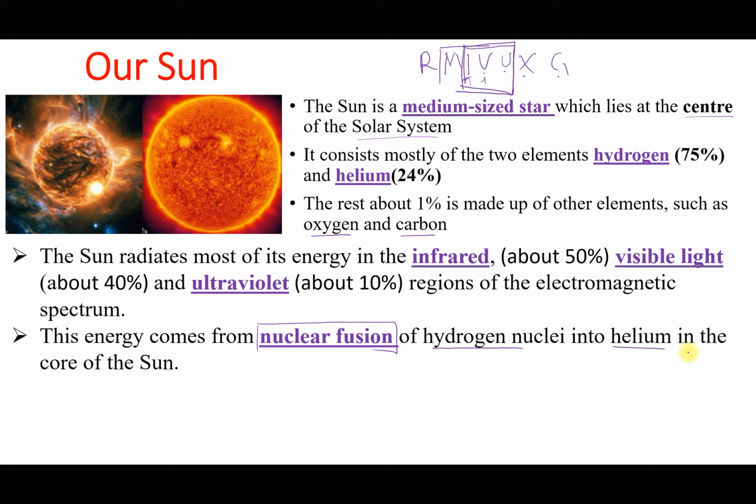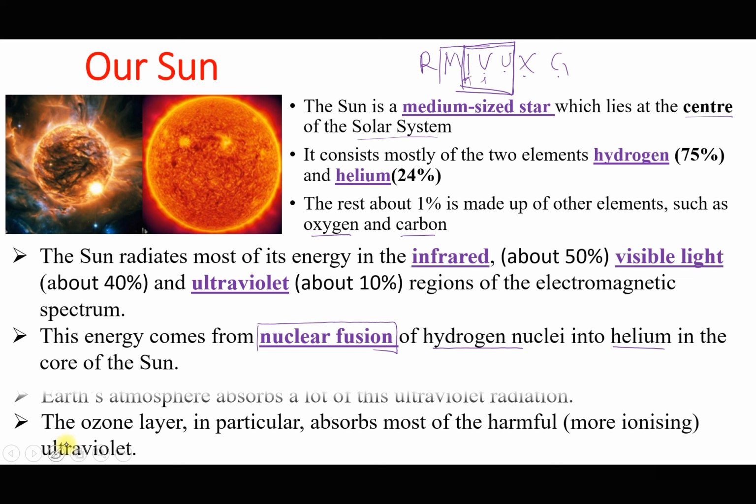So the process responsible for the energy of the sun is nuclear fusion. The Earth's atmosphere absorbs a lot of this ultraviolet radiation every day. And we have the ozone layer, which is in particular responsible for absorbing the most harmful ionizing ultraviolet radiations within the atmosphere.